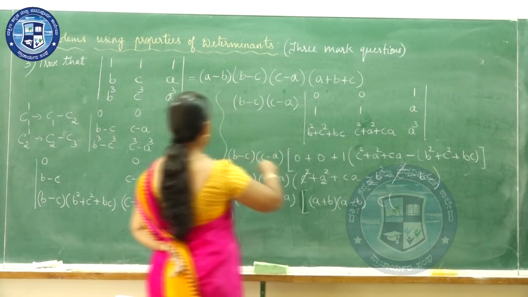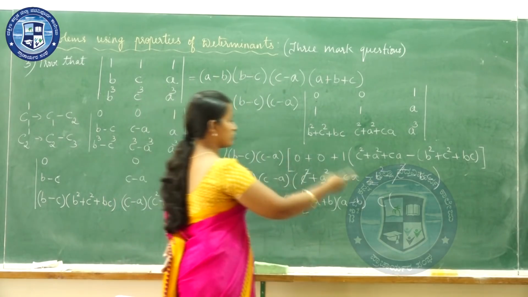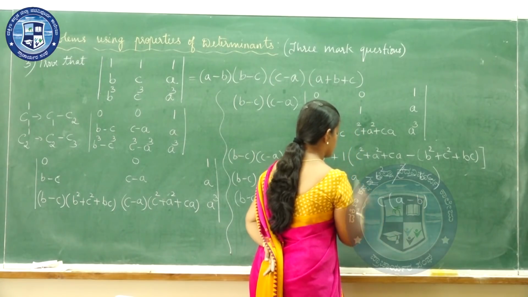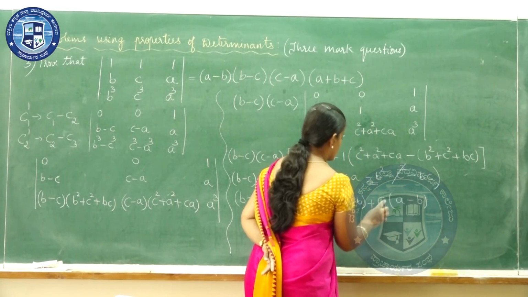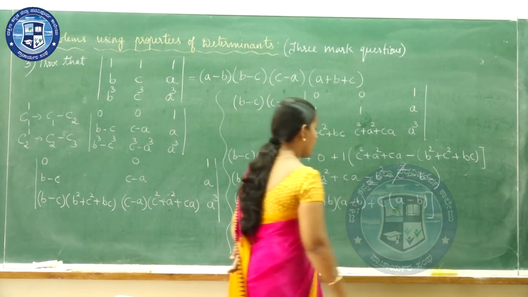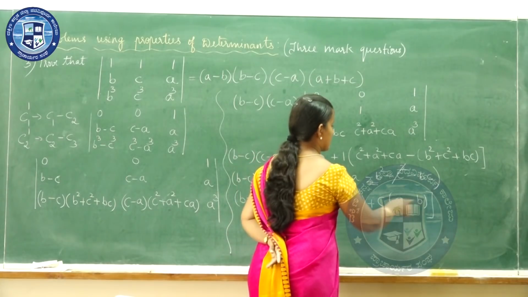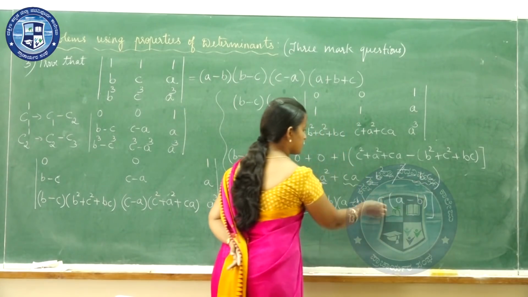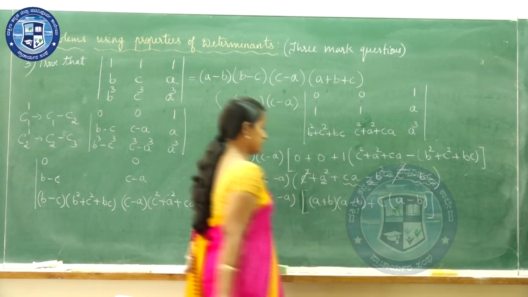I want here a minus b, so what sign should I choose here? Plus. So ca minus bc, so plus c I have taken outside, so what remains is a minus b. From these two terms, take out the c, you will get a minus b.